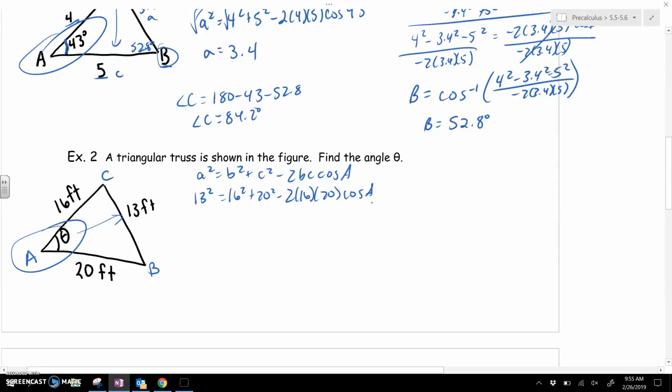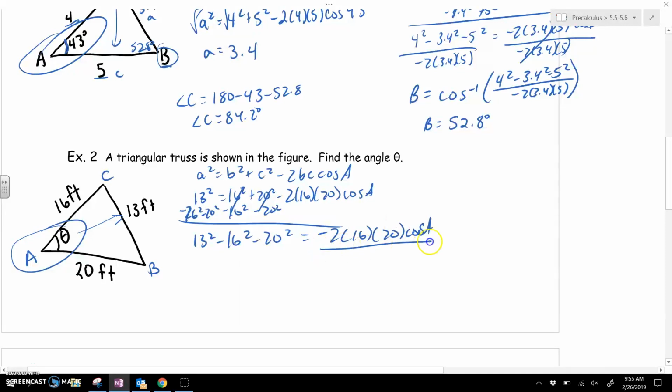Again, this is that situation where I would subtract 16 squared and 20 squared. The good news is it's algebra: 13 squared minus 16 squared minus 20 squared equals negative 2 times 16 times 20 cosine.